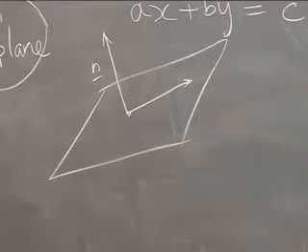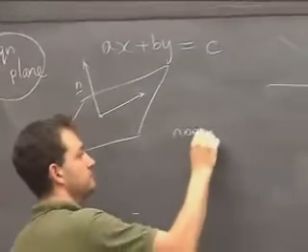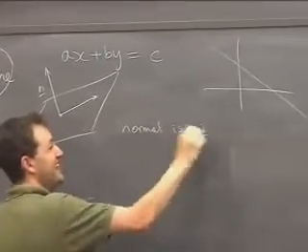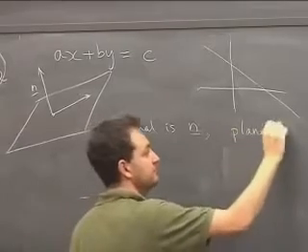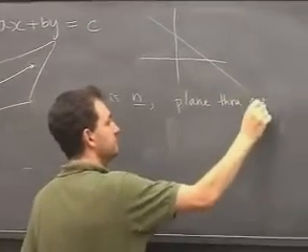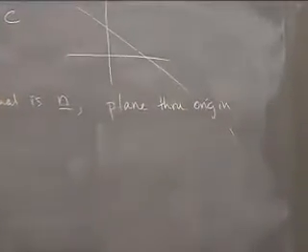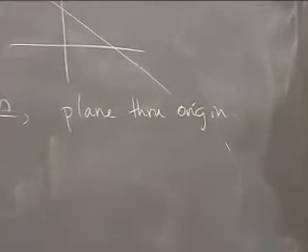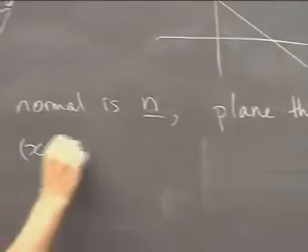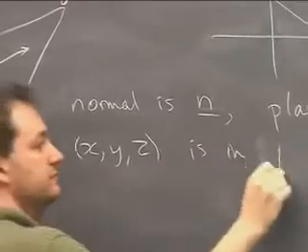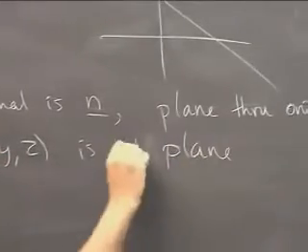So if the normal is n, and let's suppose the plane is through the origin for a second. Well, then any vector on that plane is in the plane.